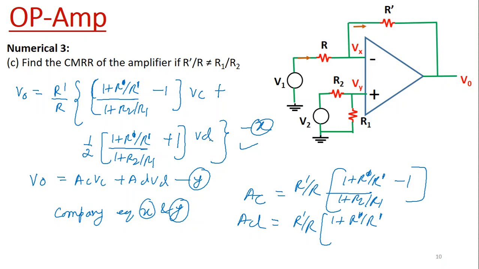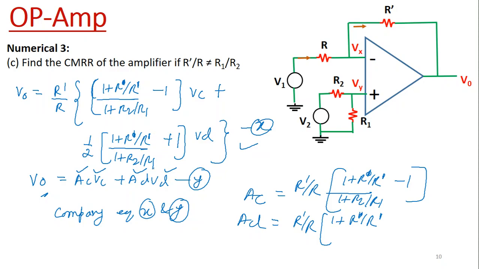Then we compare this equation with the output voltage equation V0 is equal to ACVC plus ADVD, where AC is the common mode gain, VC is the common mode voltage, AD is the differential gain and VD is the differential voltage.